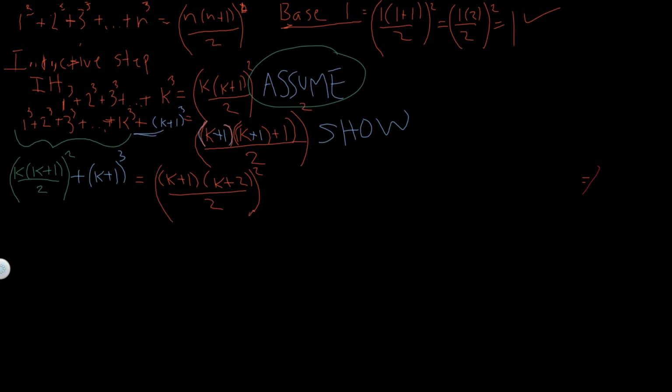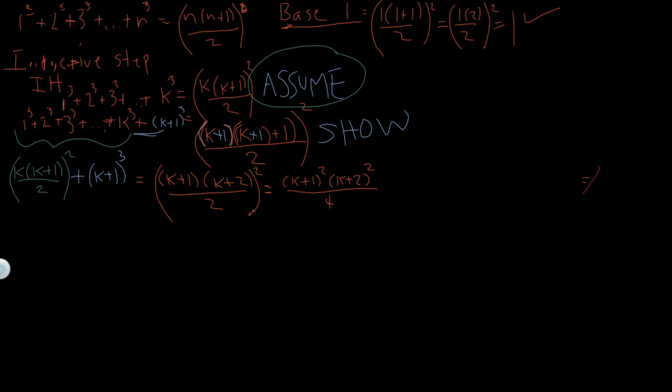Now let's simplify the right side just a little bit more, because I don't like all these extra squareds running around. And so k plus 1 squared is here, okay, and then k plus 2 is also squared, and then the denominator, we're going to square that, so we've got 4.